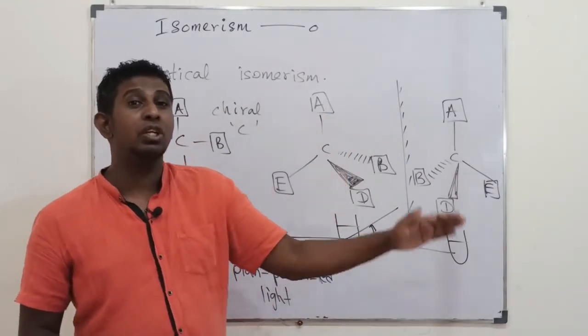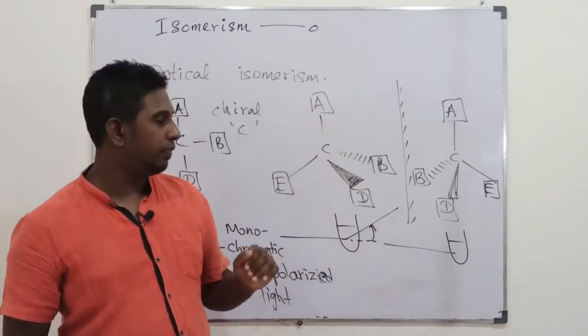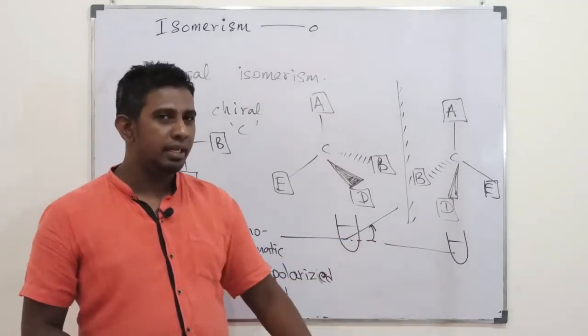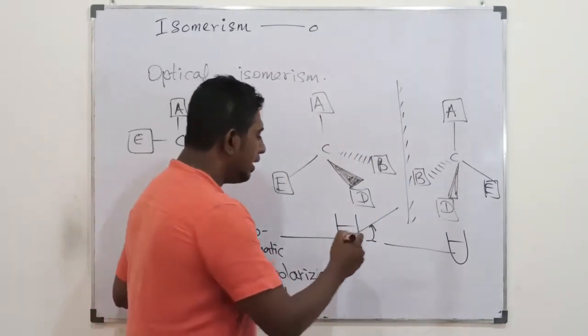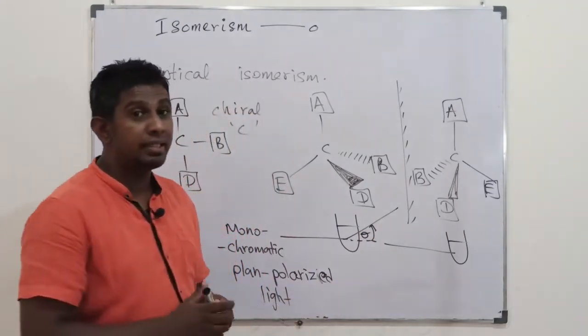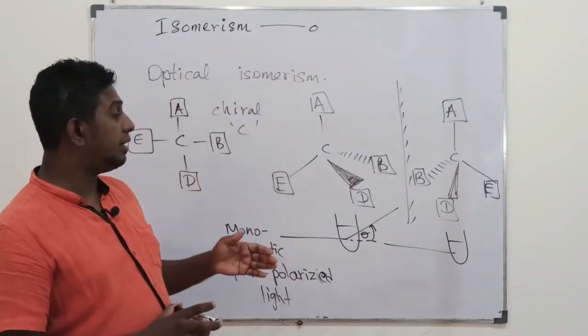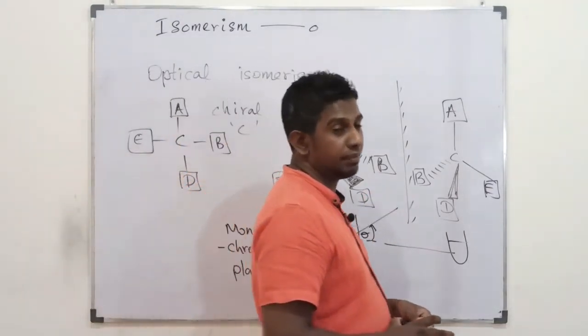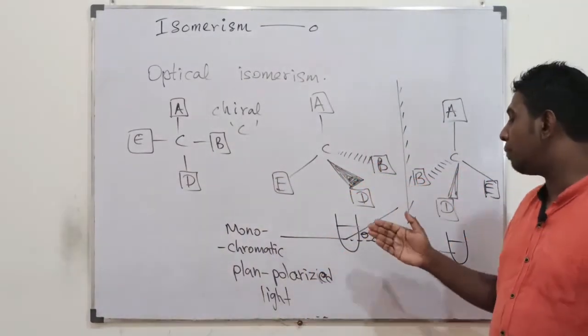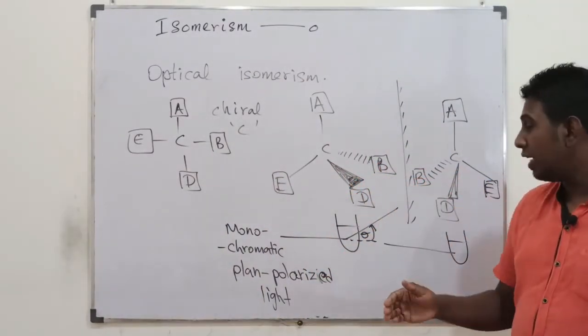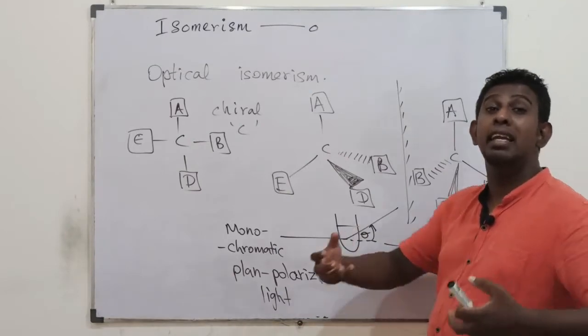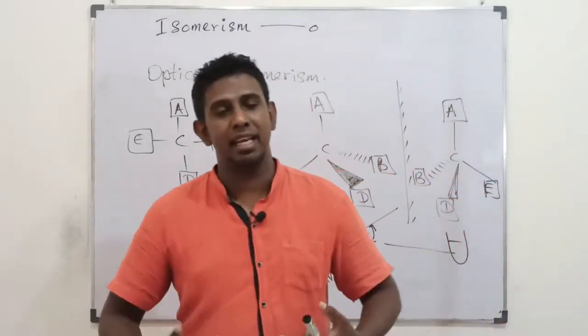We call it anti-clockwise or counterclockwise. So this is going left with, let's say, a theta angle. It's getting deflected, changing its direction. So monochromatic plane polarized light would be rotated by one type in the left direction.